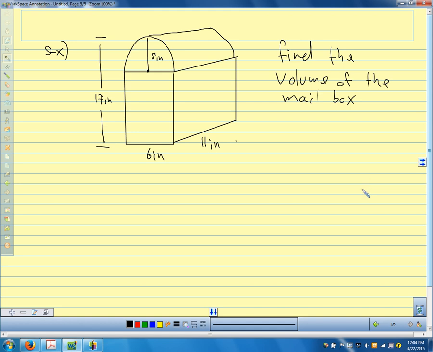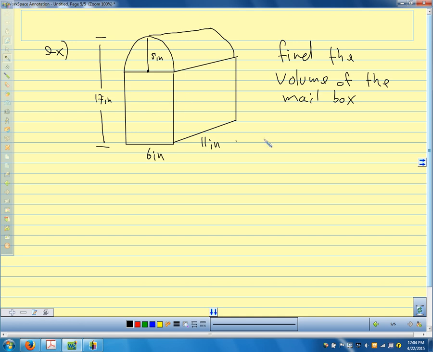So what kind of shape is that mailbox? Is it one kind of shape? Two? What two shapes?